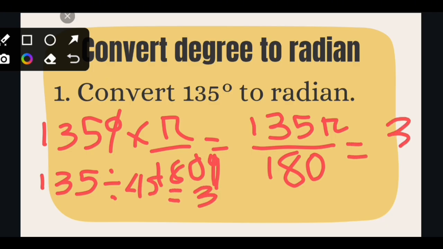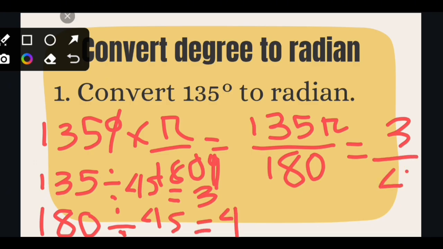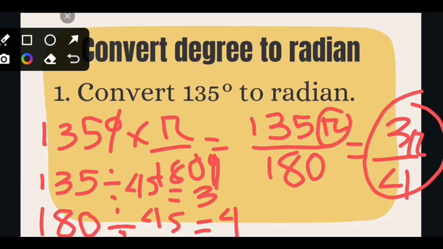Ano naman, 180 divided by 45 is equals to 4. Lagay natin dito is yung pi dito. So, ito na yung sagot. Or, nakasimplify na siya. So, 135 degrees, kapag kinonvert natin siya into radian, ang magiging sagot ay 3 pi over 4.